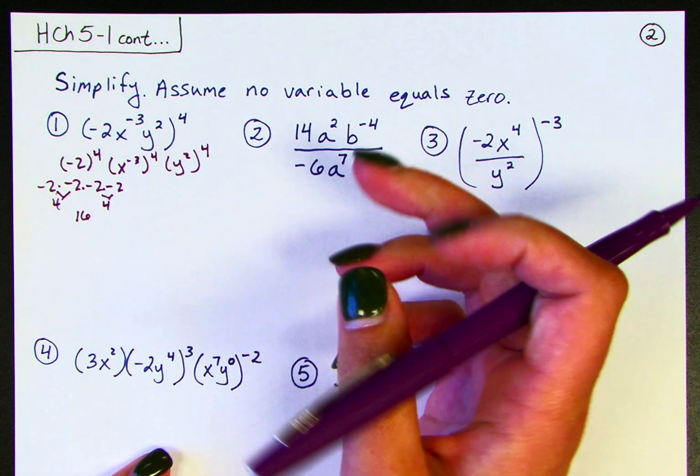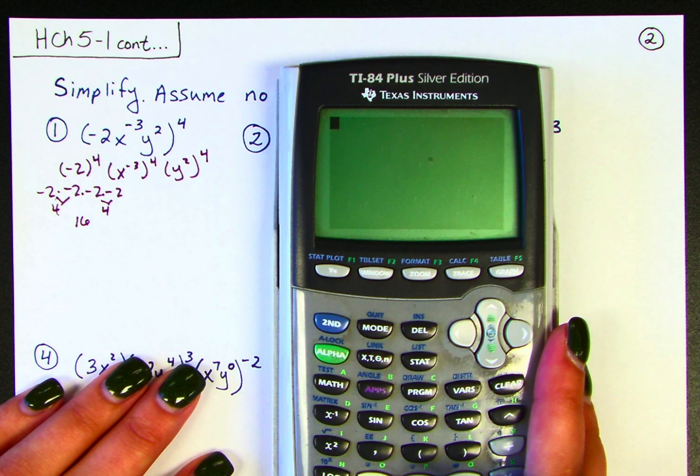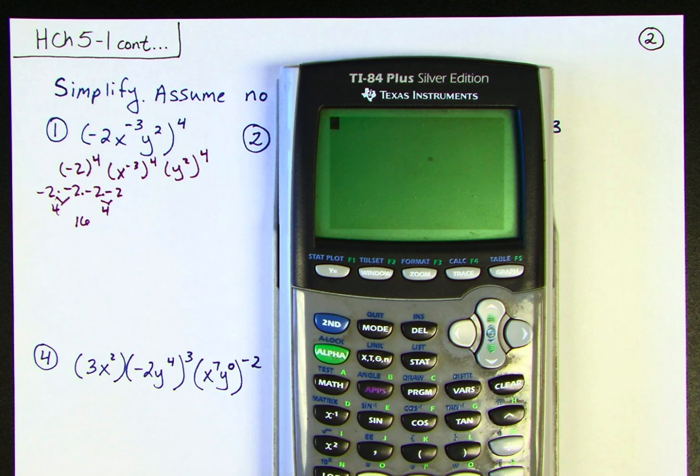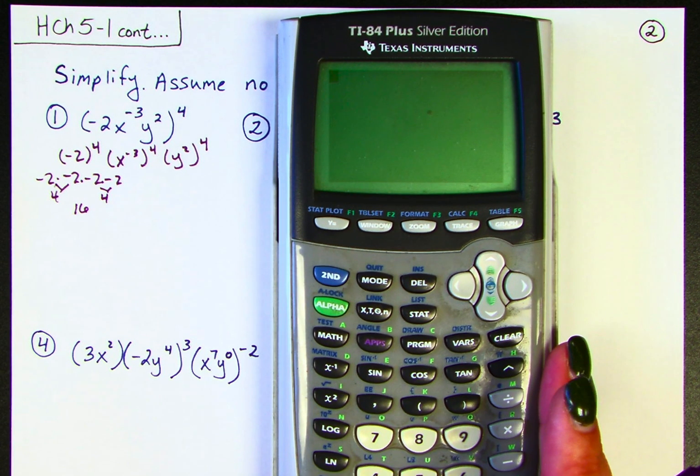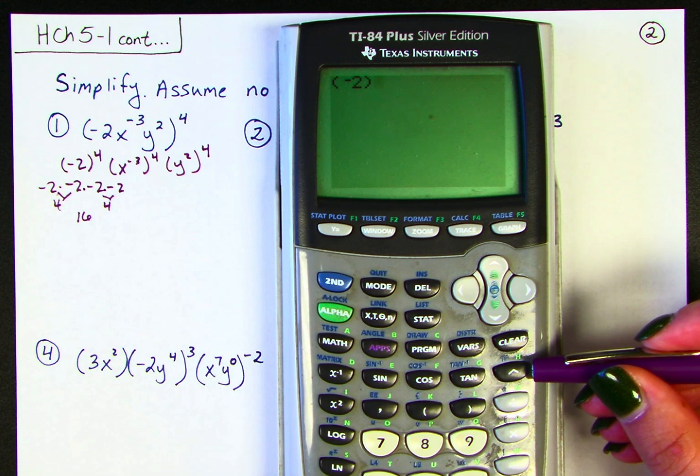So if you're going to do that on your calculator, you need to make sure that you are putting your negative number in parentheses. So anytime you have a negative number and you're taking it to an exponent, I would always put it in parentheses. So we have that negative 2. And then on your graphing calculator, anytime you're trying to get an exponent higher than 2, we're going to press our caret key.